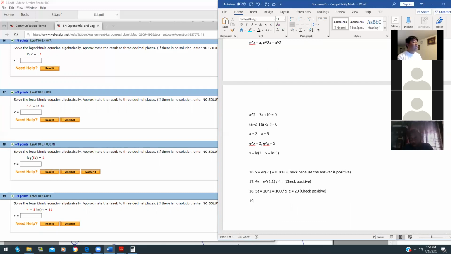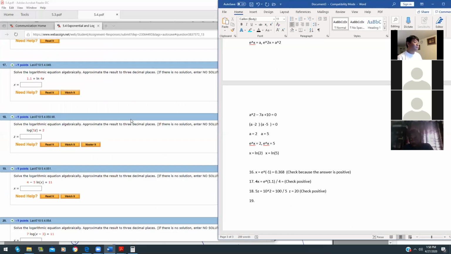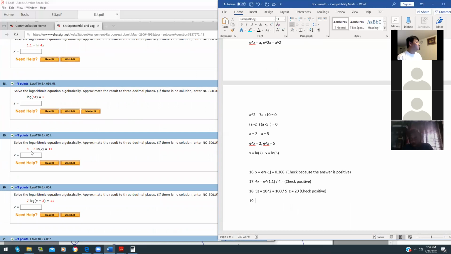How about 19? Now 19 is the same thing as what we did before on exponents. You want to make the ln by itself. So this is like solving 4 minus 5x equals 11. Do you guys know how to solve 4 minus 5x equals 11?